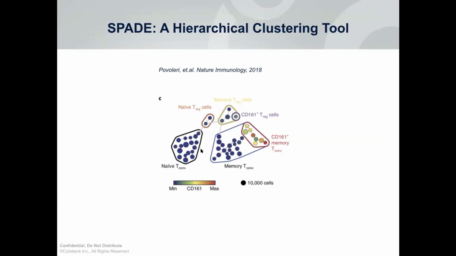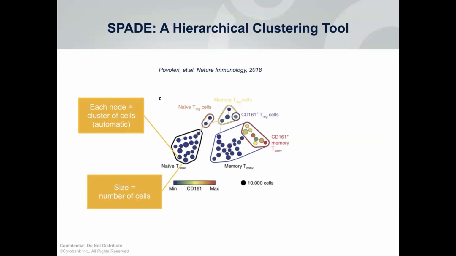In this SPADE analysis, each node is a cluster of cells, and the size of the node reflects the relative number of events. Also, each bubble is a group of nodes that have similar expression levels.